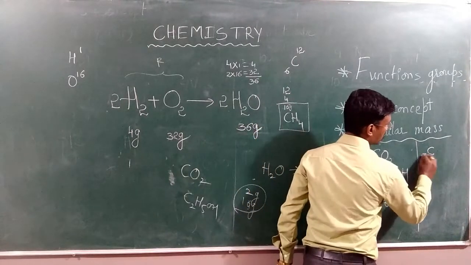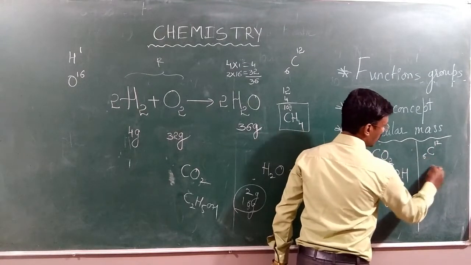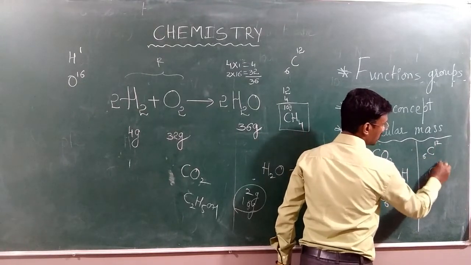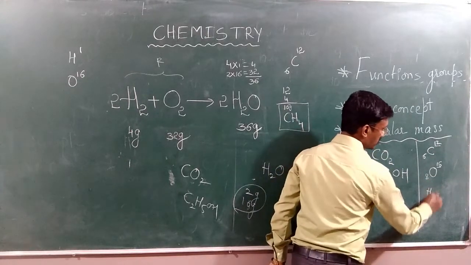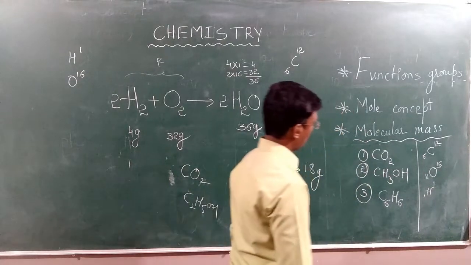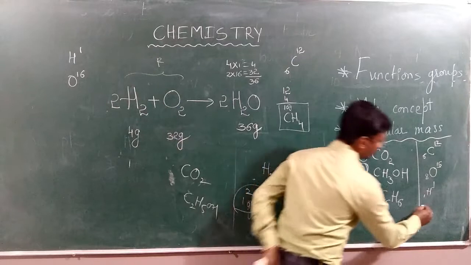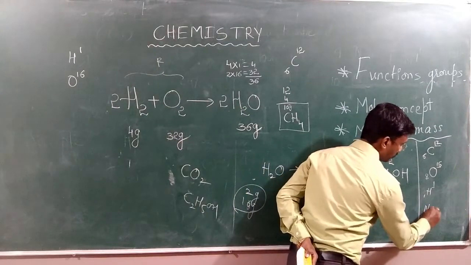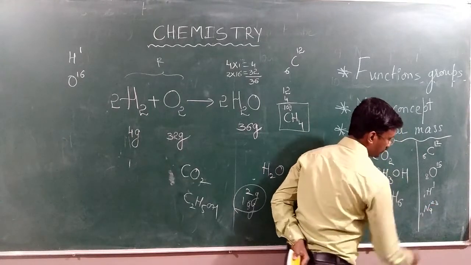Carbon has atomic number 6, atomic mass 12. You have to take the mass. Oxygen has atomic number 8, atomic mass 16. You have to consider the mass, not the atomic number. Nitrogen has atomic mass 14. So based on this, you should be capable of writing. Sodium has atomic number 11, atomic mass 23.